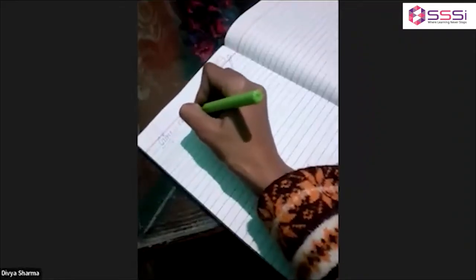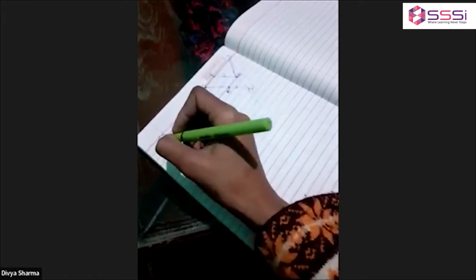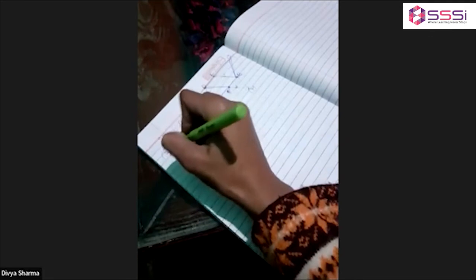So firstly, we will write the given points. Given is what? ABCD is a parallelogram. Another point is given: E is the midpoint.